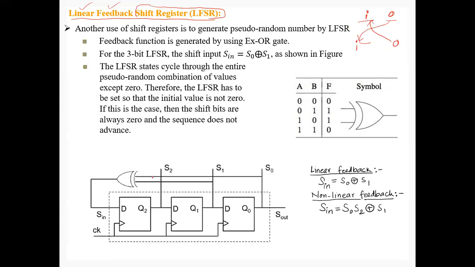So as you can see here, these are the outputs. So this is the flip-flop. How many flip-flops do we have? 1, 2, 3 flip-flops. This is the output of the first one. This is the output of the second one. This is the output of the third one. And these outputs are fed back to the input here.